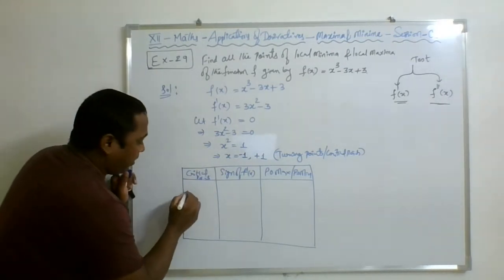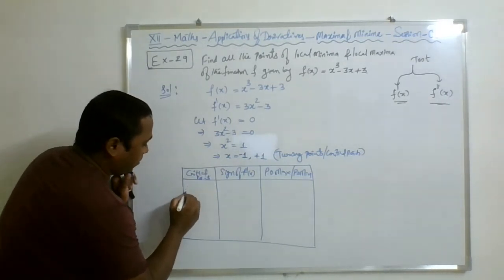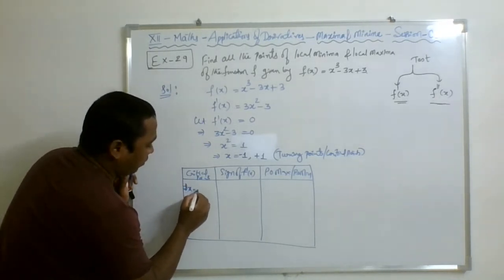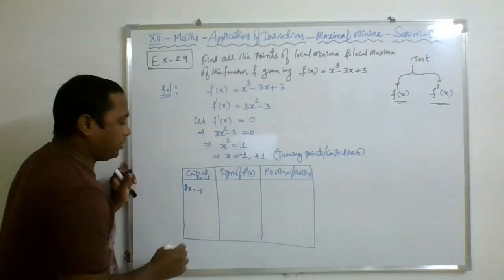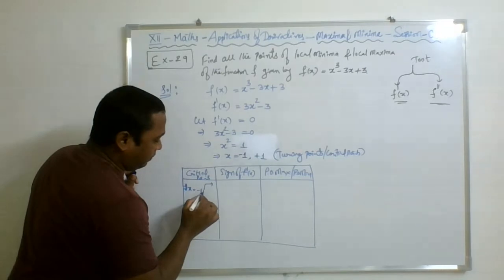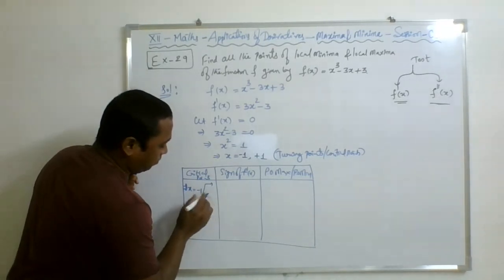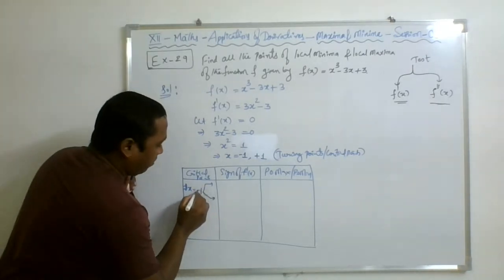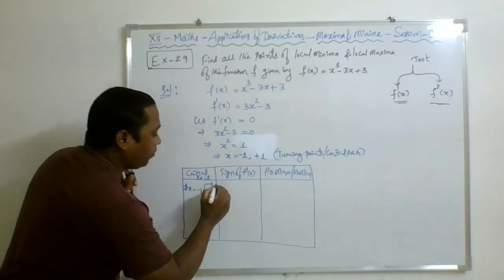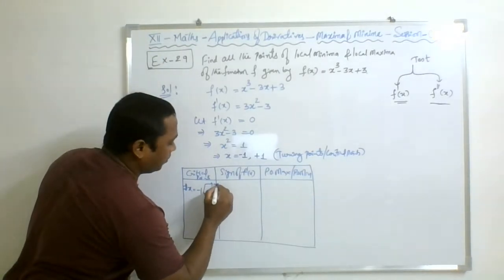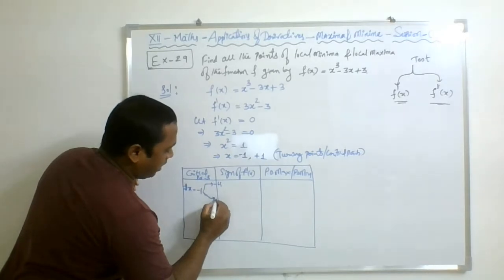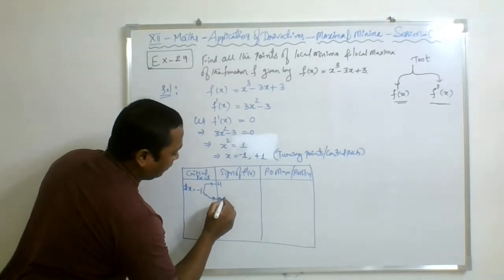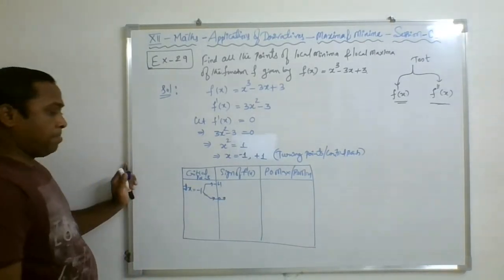First, what is the critical point we have? x is equal to -1. So first we'll take one point on the left side of this point and one on the right side. Left side of -1 will be -1.1 and the right side will be -0.9.